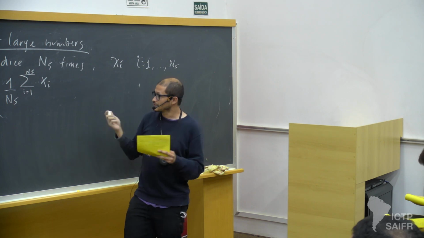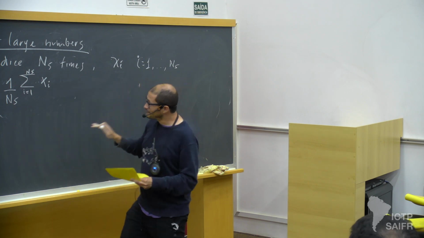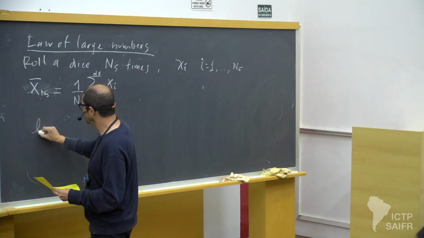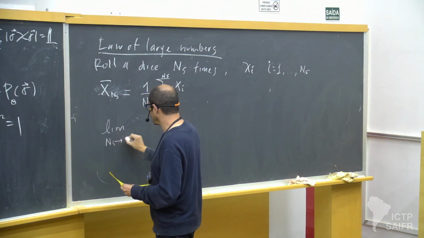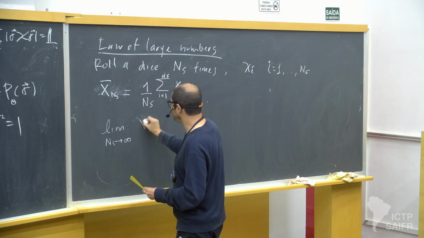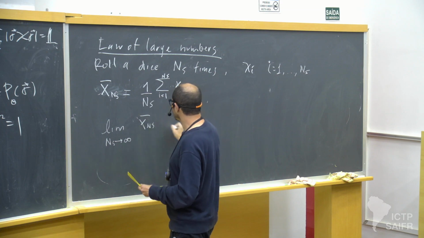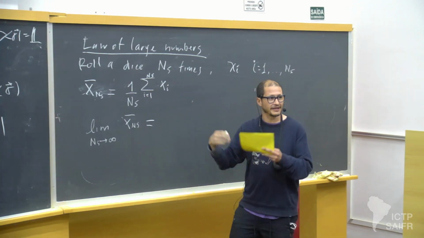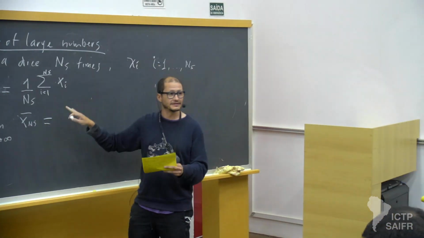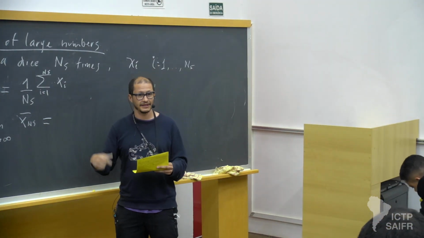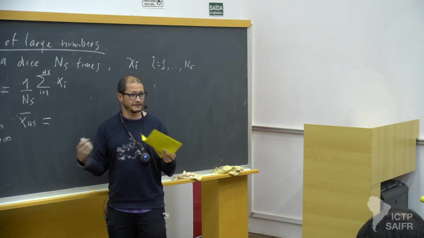The law of large numbers tells you that the limit of ns going to infinity of this average is the expected value over the probability distribution of rolling the dice fairly.